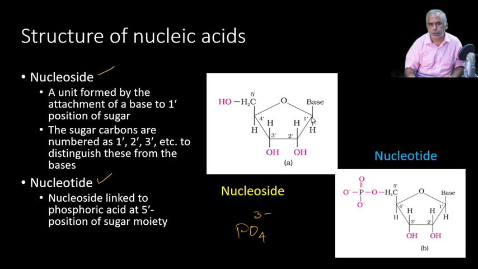This is the 1 prime position of the sugar, and the sugar carbons are numbered 1 prime, 2 prime, 3 prime, 4 prime, 5 prime in order to distinguish them from the base, because the base also has carbon. A nucleoside linked to phosphoric acid is called a nucleotide. So a nucleotide is a nucleoside with the phosphate unit. Do you understand this? Right.